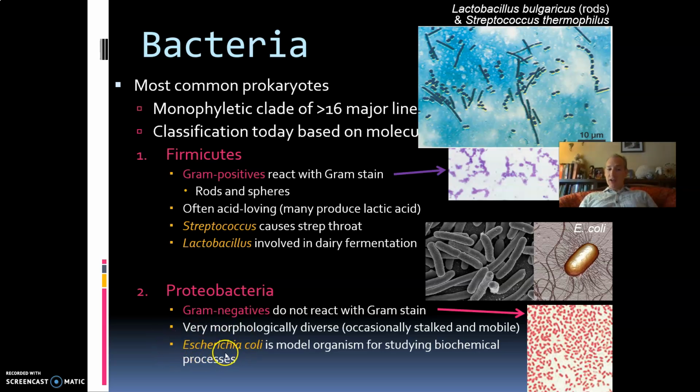Pronounce it either way. This is a bugger to spell, so people instead abbreviate it E. coli. And E. coli is sometimes bad. It's the number one cause of food poisoning on Earth. I'll tell you how you get that in a second, but you can pretty much guess.